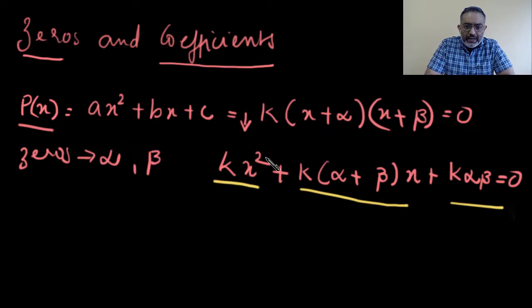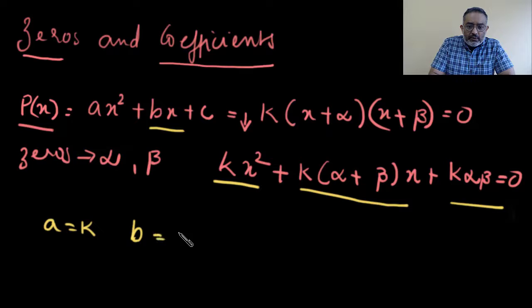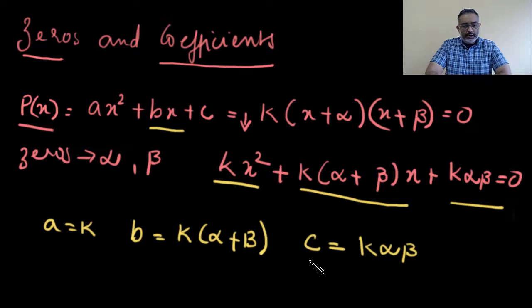You have kx squared here and ax squared, which means a is equal to k. Similarly, b is equal to k times alpha plus beta, and c is equal to k alpha beta.